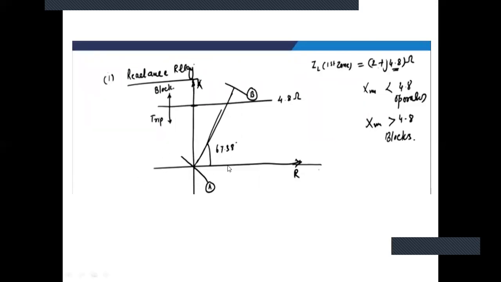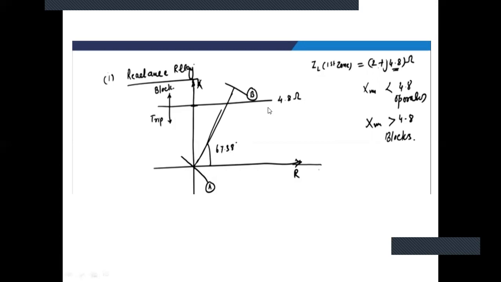This is bus A and bus B. This is the whole transmission line. So the line will be drawn at the angle 67.38. This is the line to be protected, which is at 67.38 degrees. This is bus A and this is your bus B.